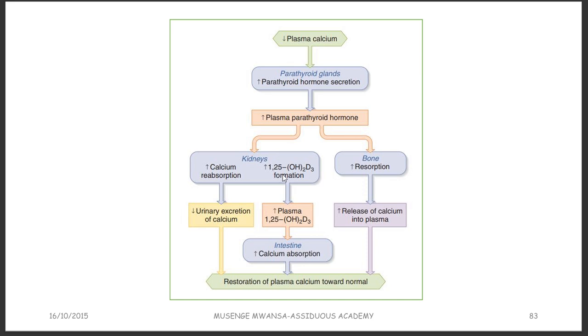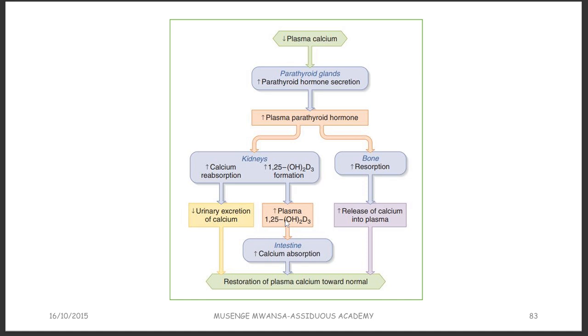And what this 1,25 dihydroxycholecalciferol does is that it is going to increase 1,25 dihydroxycholecalciferol in blood. Remember, we have increased the production because it's the kidney that forms the 1,25 dihydroxycholecalciferol. So when the kidney forms more of it, it means that it will now increase in blood.